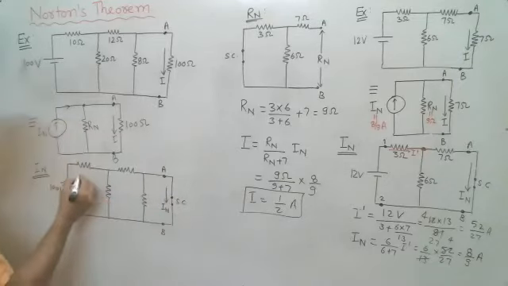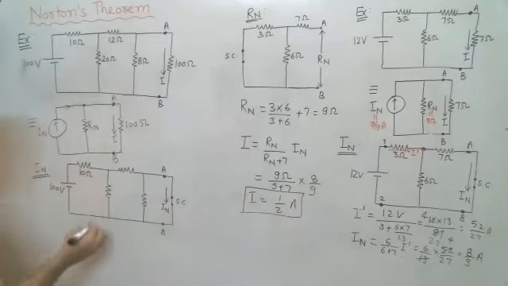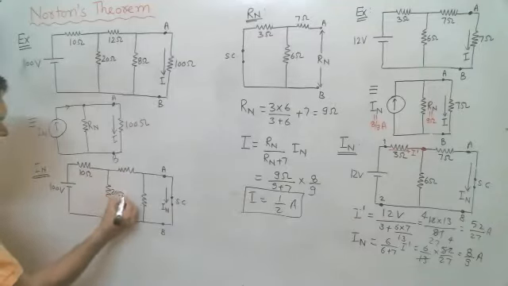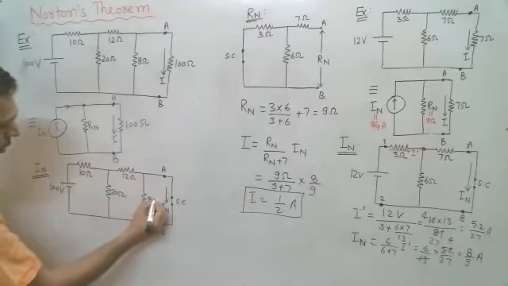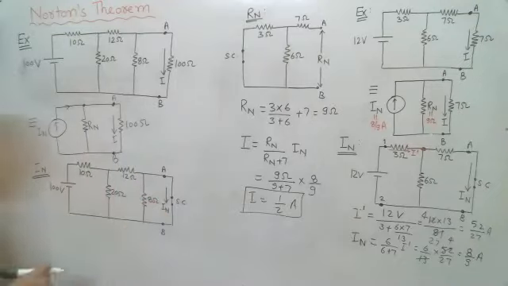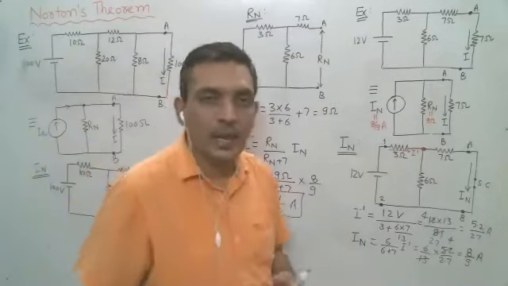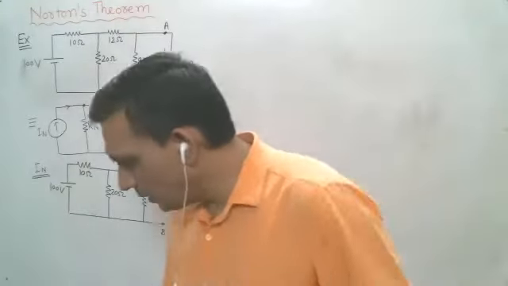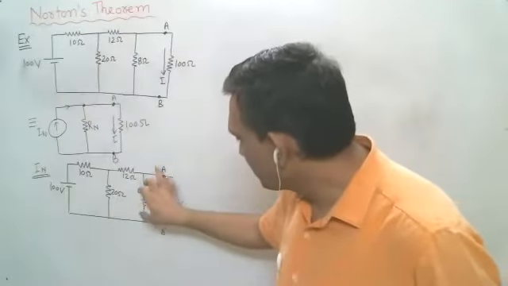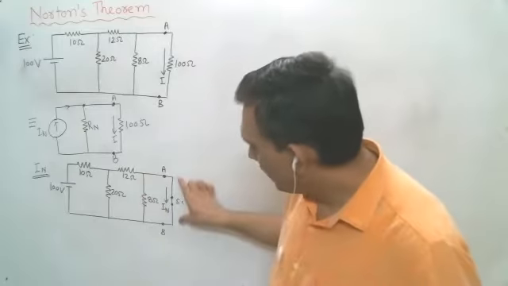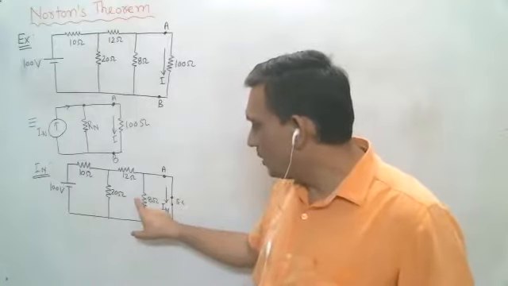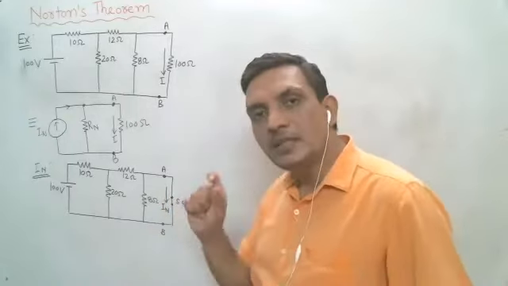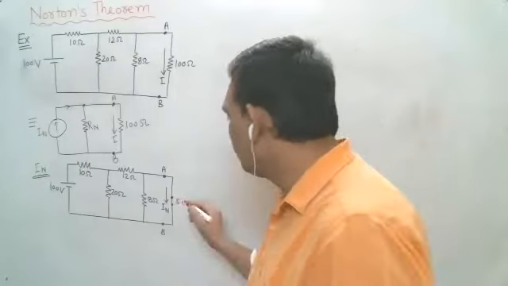This is IN, 10 ohm, 20 ohm, this is again 12 ohm, so AB is short circuited. This current is IN. So what will be this current IN? Now you can see once AB is short circuited, this 8 ohm resistance is, this resistance is 0 ohm. Short circuit means 0 ohm.